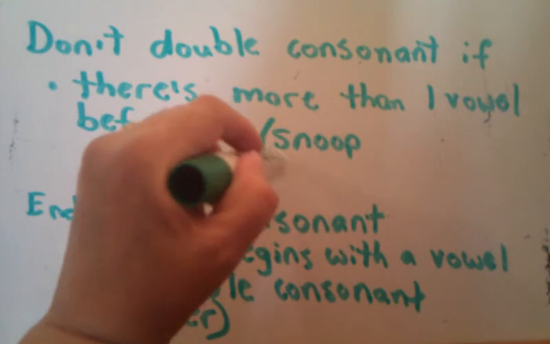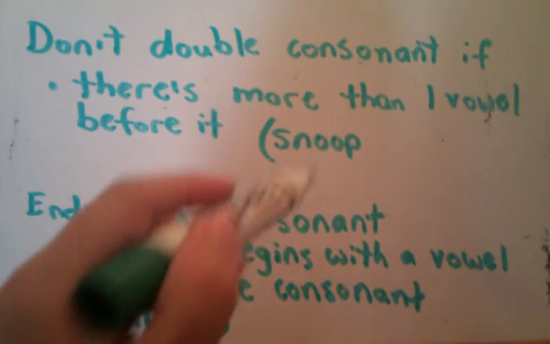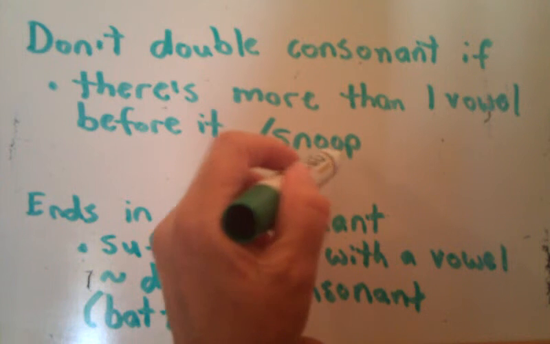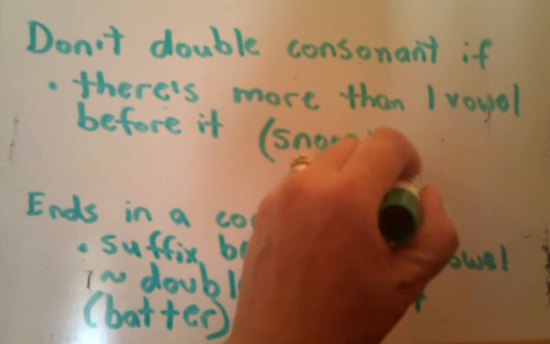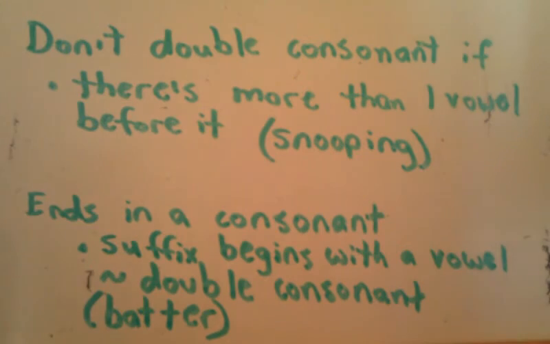If I want to say he's snooping, I want to add ing. Since there's more than one vowel before the P, I'm not going to double it. I'm just going to add the ing. Okay?